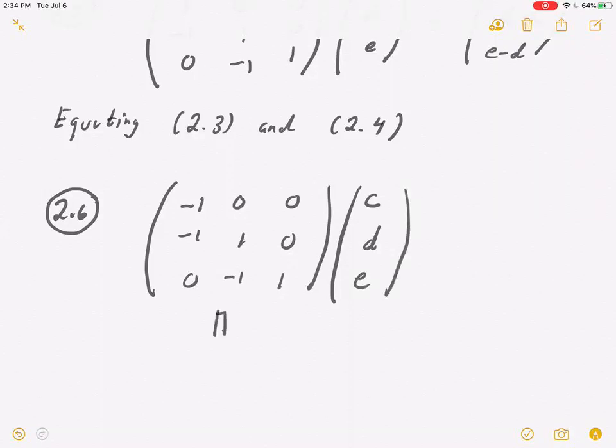Matrix-vector multiplication, where I multiply the matrix A times the vector X, is exactly the same thing as taking the linear combination of the three vectors U, V, and W, where U is the first column of A, V is the second column of A, and W is the third column of A.